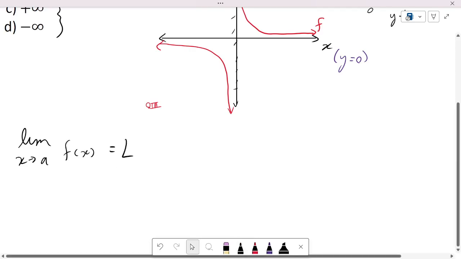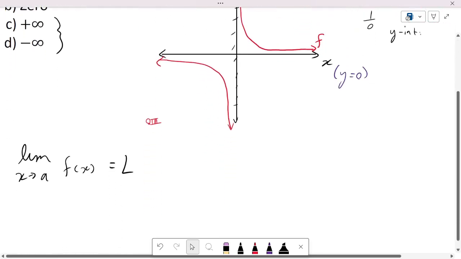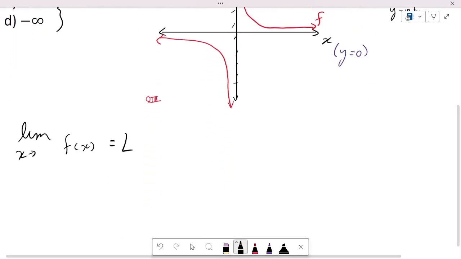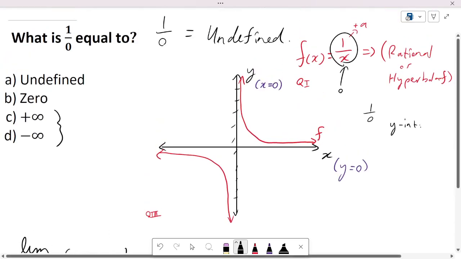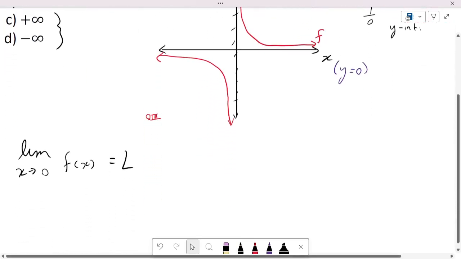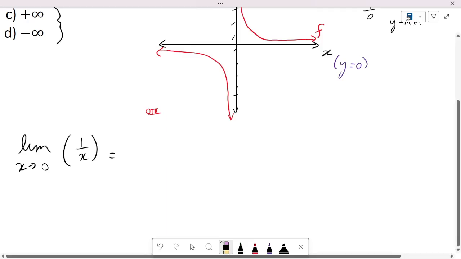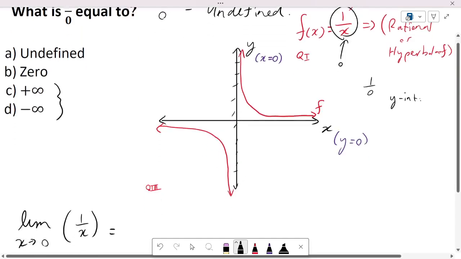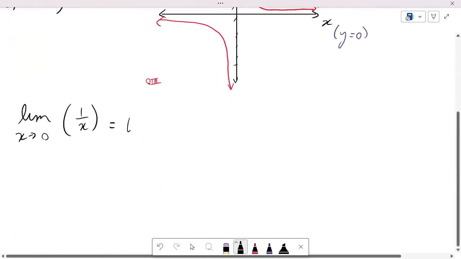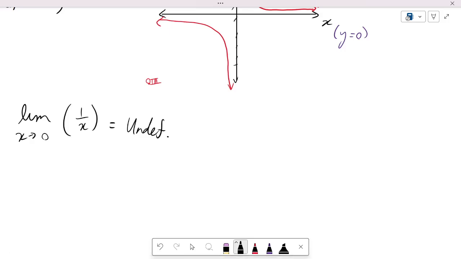And in our case here, our a value is 0, because we are going to look at where x approaches 0, and our function over here is 1 over x. So we're going to replace f of x with 1 over x. And our limit value is supposedly undefined.